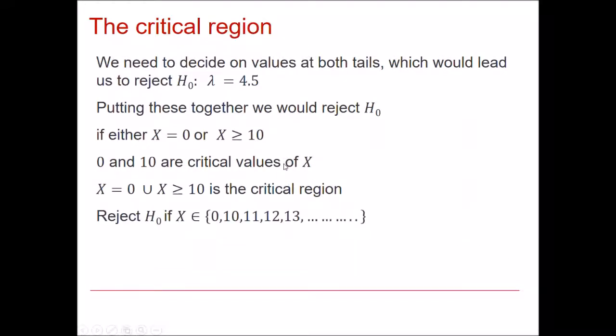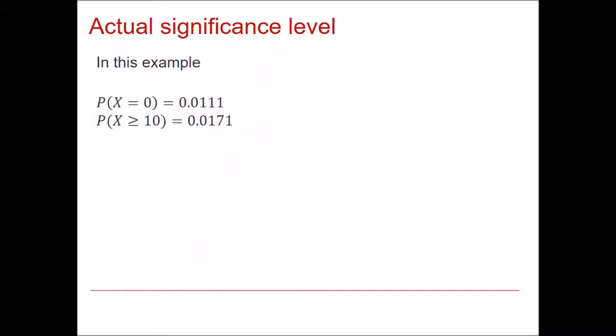So we would end up rejecting H0 if x belonged to that set, where x is 0, 10, 11, 12, 13, or any integer value larger than that. If we want to find the actual significance level of the test, remember that we were looking at a 5% two-tailed test to begin with.